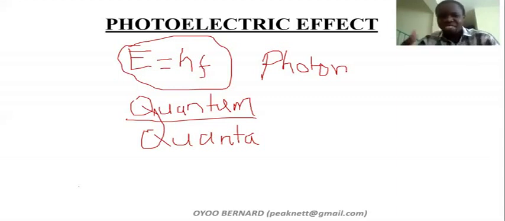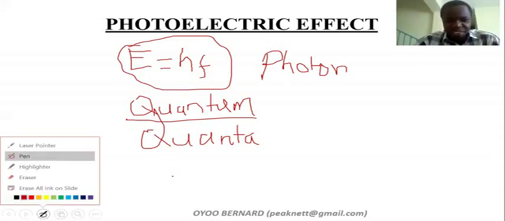The photon has energy, and the energy of the photon is given by E, which is the energy, and then H is a constant known as Planck's constant, named after another great physicist known as Max Planck. Then F is the frequency.